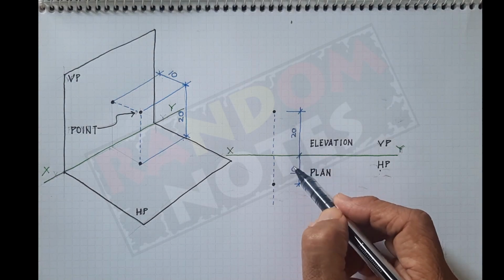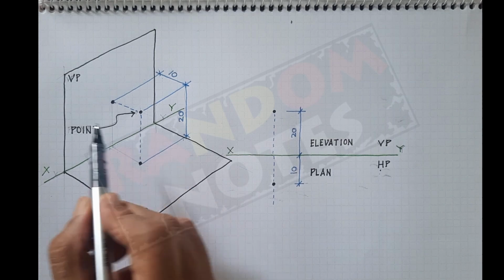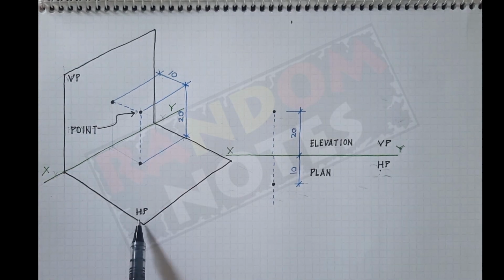These are the two distances which define the location of this point from the vertical plane and the horizontal plane. So this is how we will make the plans and elevations of various objects using orthographic projection. Please go through this video as many times as you like till you understand the concept.